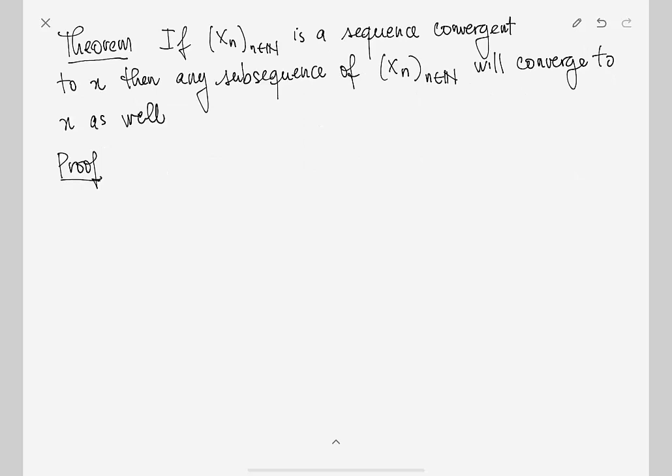So our next result is the following. If x sub n is a sequence of real numbers which is convergent to some real number x, then any subsequence of x sub n will also be convergent, and not only that, it will converge to x as well. So let us prove this result.